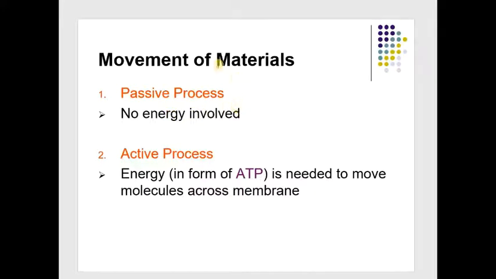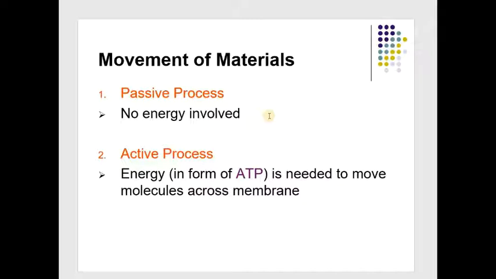Okay, so we've got essentially two different types of movement of materials across the plasma membrane. We've been talking about passive processes, so passive diffusion or passive movement, meaning that no energy is involved. The cells just move via chemical reactions to cross the membrane.